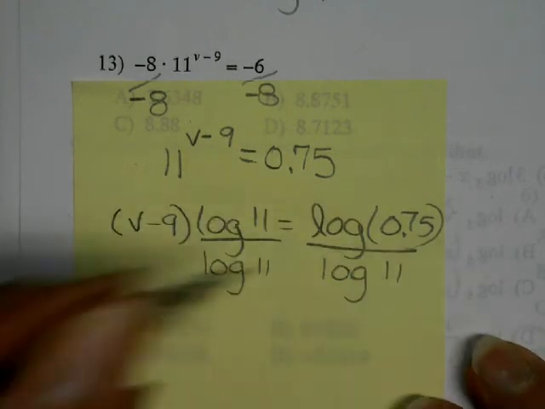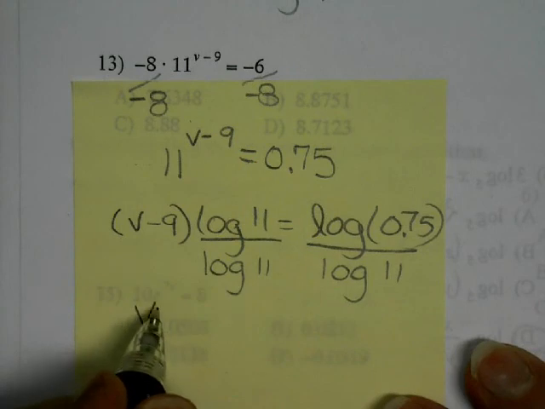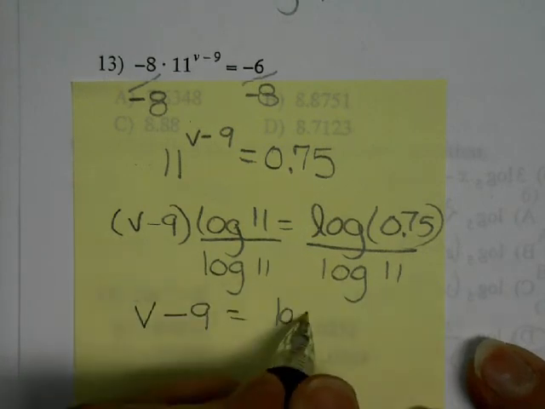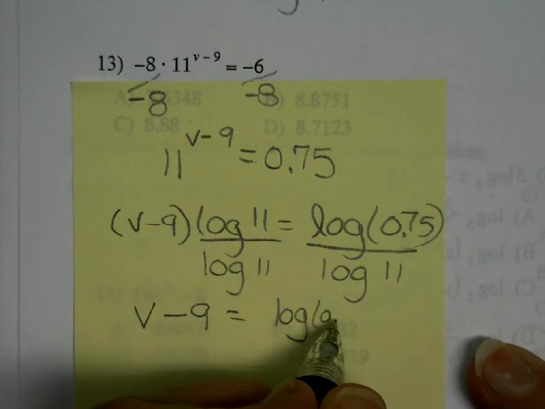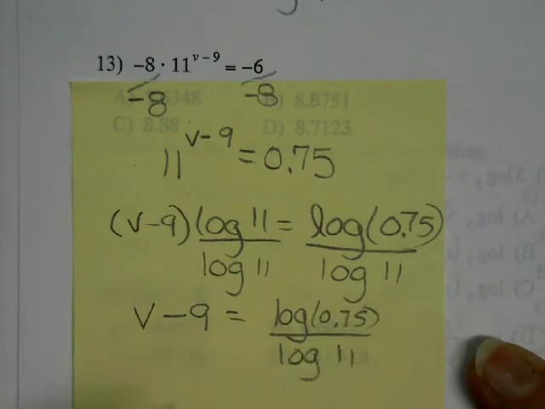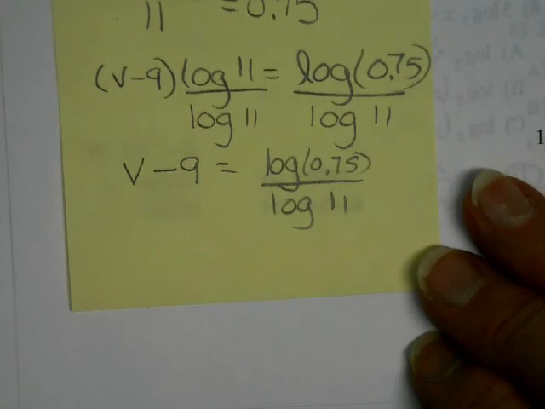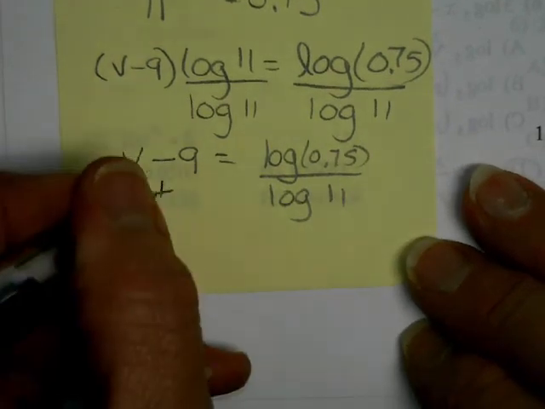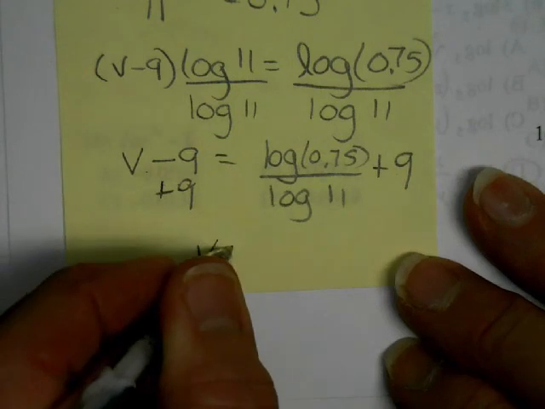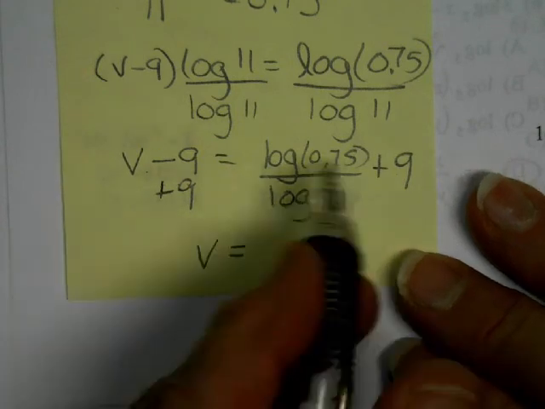So I've got to move this log. Almost done. V minus 9 is the 2 logs. So I'm looking for V. So I get to add 9.